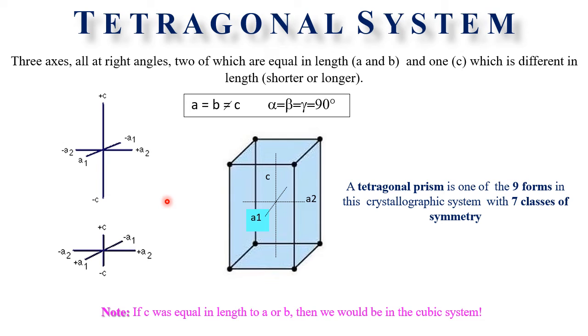We have 2 diagonal vertical planes, and we have 5 axes of symmetry, out of which there are 4 axes of two-fold symmetry and 1 axis of 4-fold symmetry, which is the vertical crystallographic axis, and there is again a center of symmetry. So in this crystal system, if the length of the C axis becomes equal to the length of A1 and A2, then this system would become the cubic system.